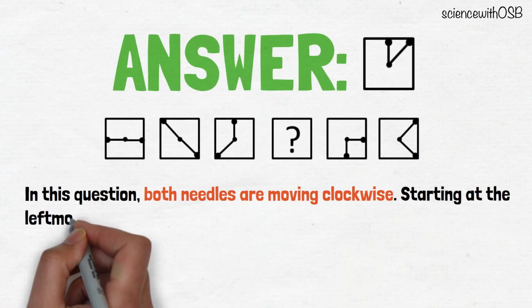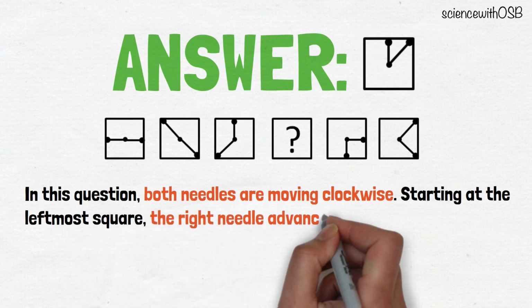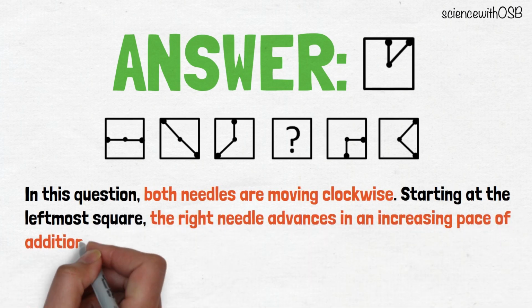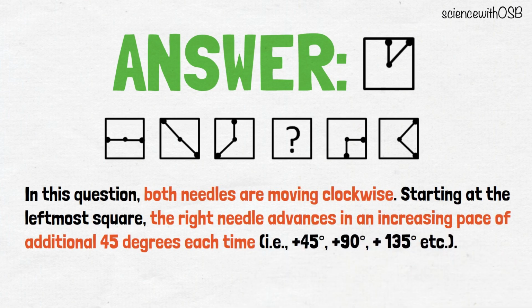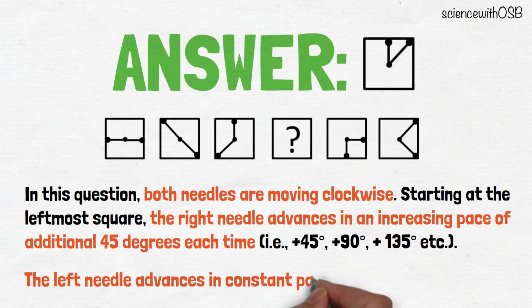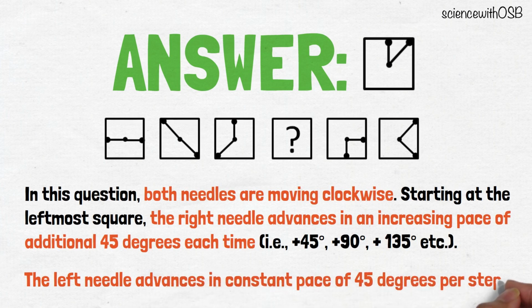Starting at the leftmost square, the right needle advances in an increasing pace of additional 45 degrees each time. That is, plus 45 degrees, plus 90 degrees, plus 135 degrees, etc. The left needle advances in constant pace of 45 degrees per step.